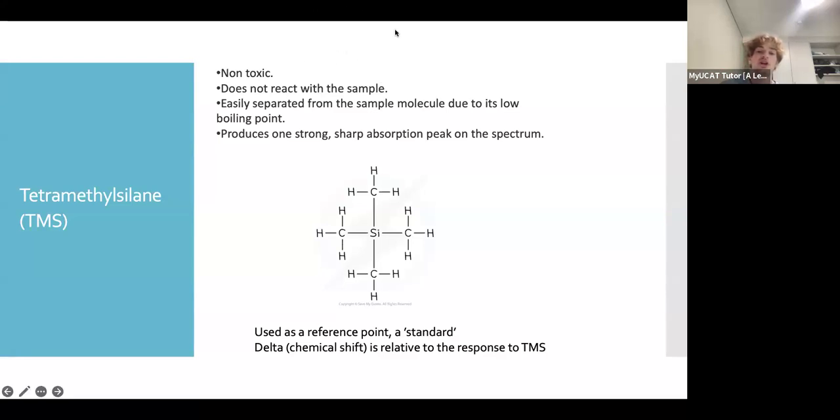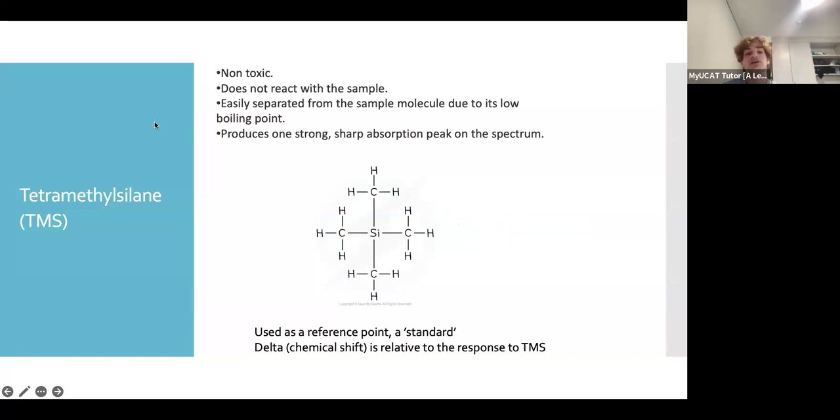We're going to look at a property in a minute called shift, which is what you see on NMR traces. In every NMR trace, there's going to be a spike at zero shift, and that spike is due to TMS. Everything else is worked out relative to TMS. So essentially, shift is the signal given out by this environment relative to that of TMS. And that's why TMS is really great.